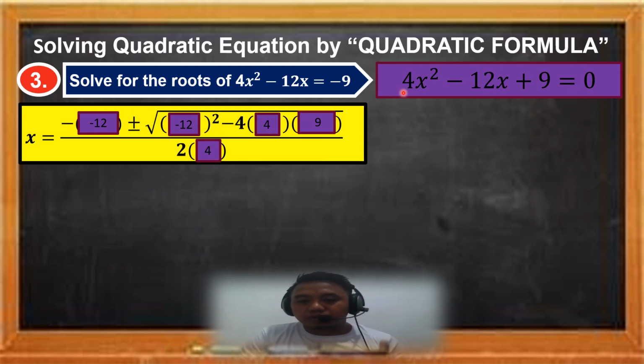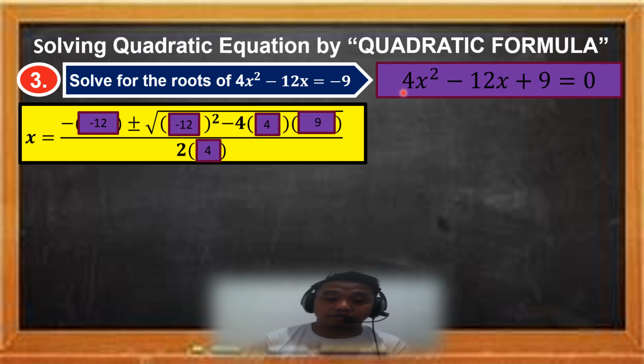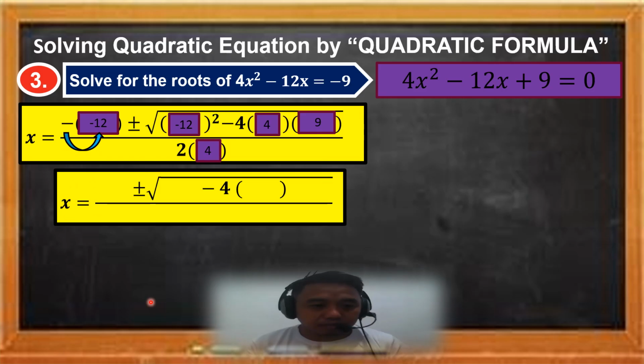So, wag nyo kalimutan yung formula natin. X equals negative B plus minus square root of B squared minus 4AC all over 2A. Then just remove the parentheses by multiplying the signs. Negative times negative is positive 12.